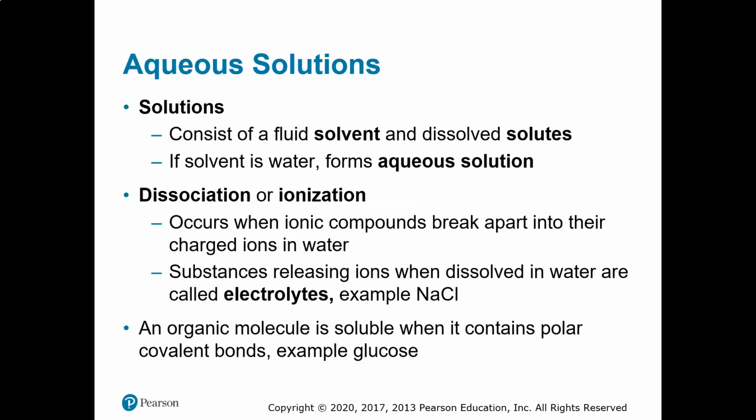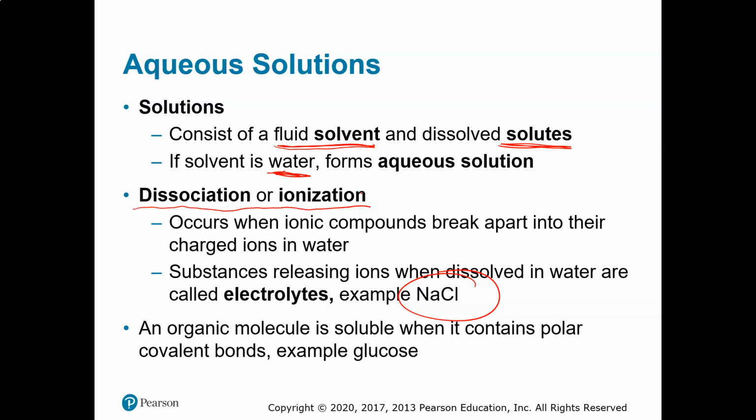And that takes a lot more time than it does for other substances like metals or sand, like we talked about before. Aqueous solutions are solutions that consist of a fluid solvent, most often water, and dissolved solutes like table salt, NaCl. Whenever salt, sodium chloride, dissolves in water, we call that either dissociation or ionization.